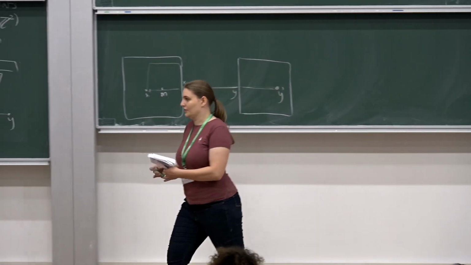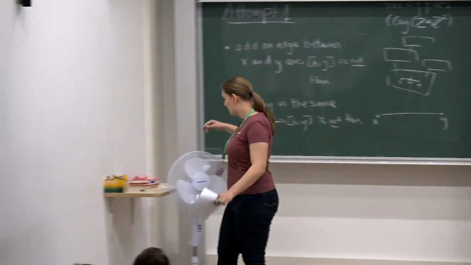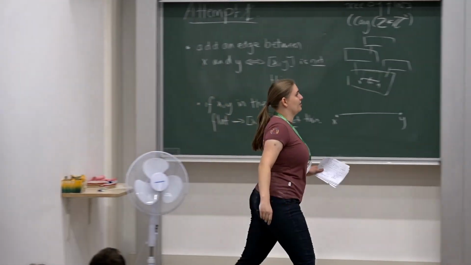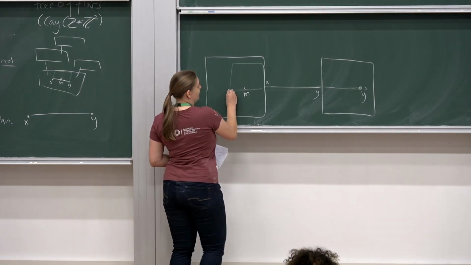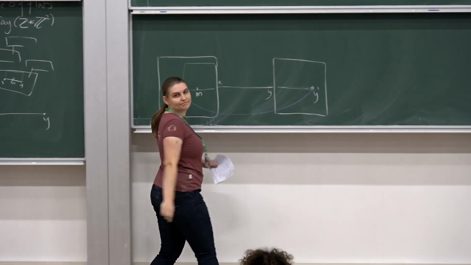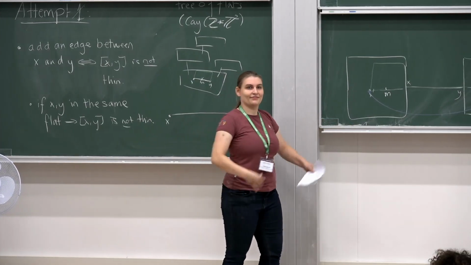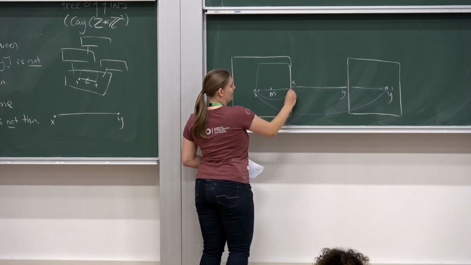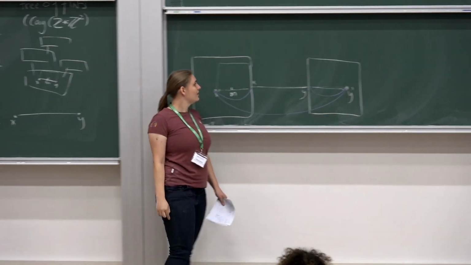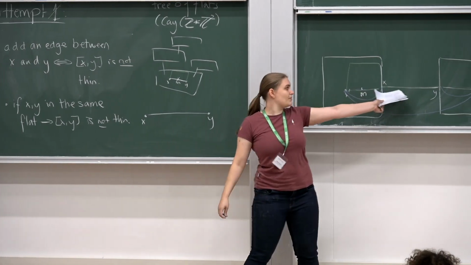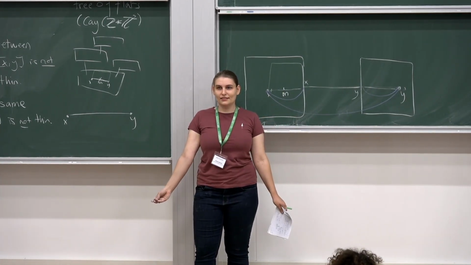So in our construction, we're adding an edge between x and y. But also I told you within the flats, we're adding edges. So suddenly the distance between x and y is at most 3.